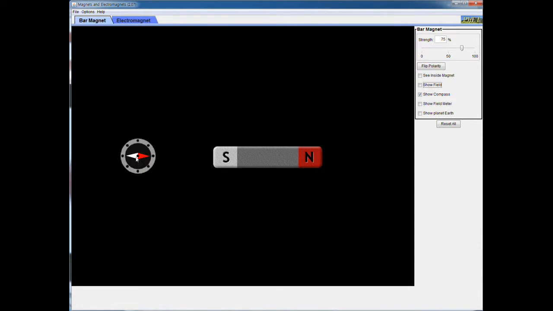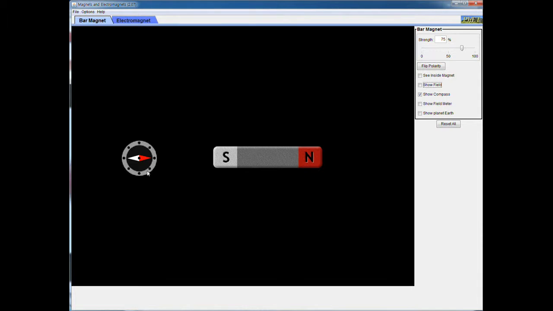So the direction of this north pole, just like an arrow here, will be the direction of the magnetic field around this bar magnet. Right at this position, it is pointing toward the south pole. Of course, the north pole and south pole attract each other, which shows that the direction of the magnetic field is pointing toward the south pole. So it's coming into the south pole.